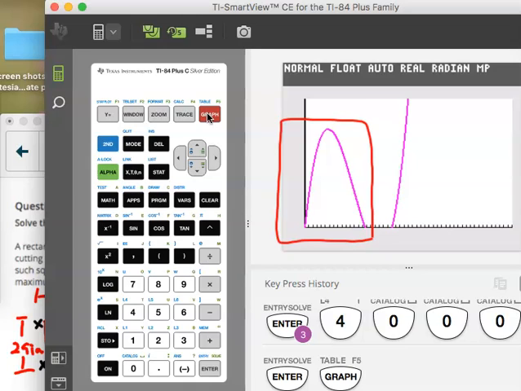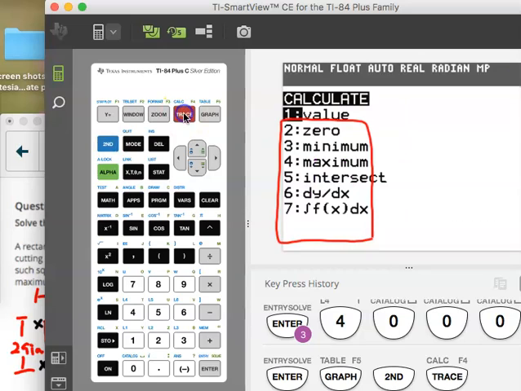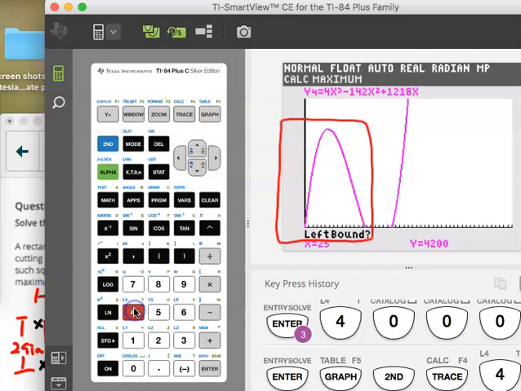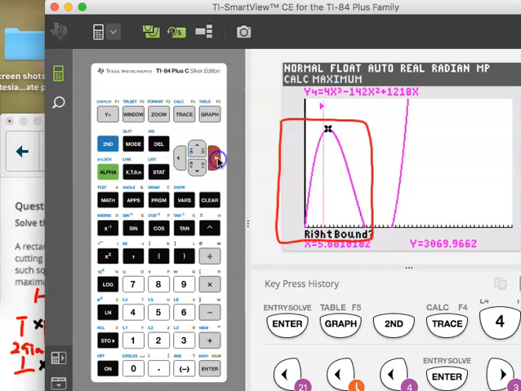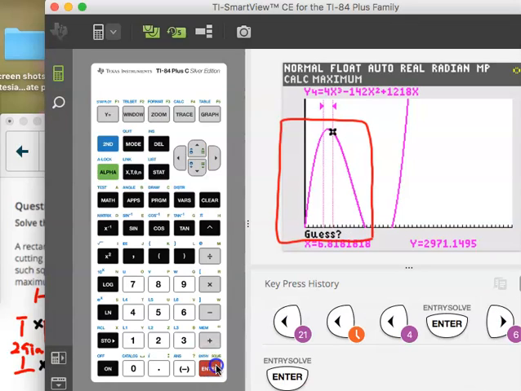And we know that the volume can't keep going forever, so that's the part we need. Second, trace, number 4, the maximum. And Blinky is where? Blinky is lost. So I'm going to hit my left arrow here until I can get Blinky to realize that I'm looking at this portion of the graph. Left side of the hill, enter. Right side of the hill, enter. Enter through guess. And there it is.